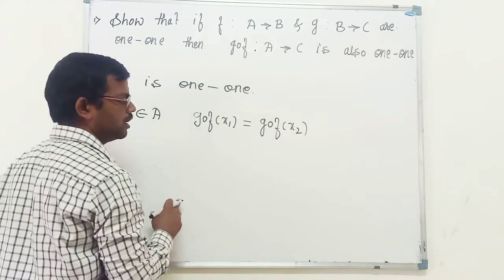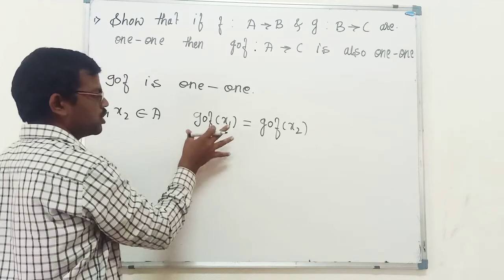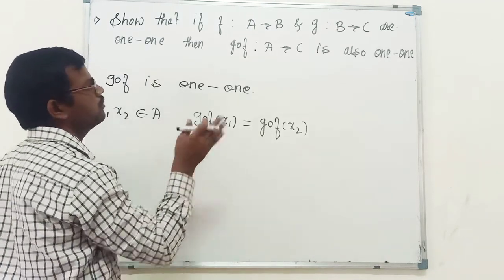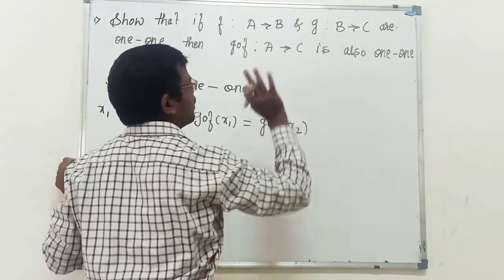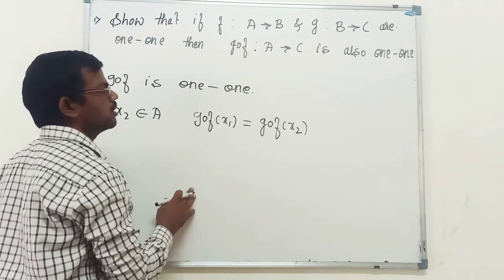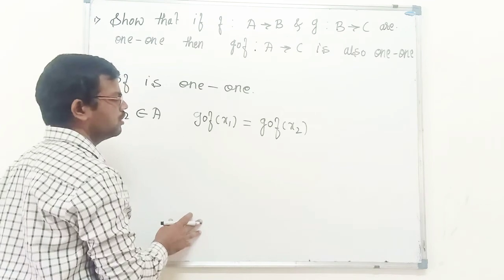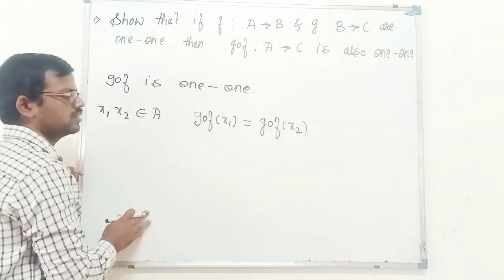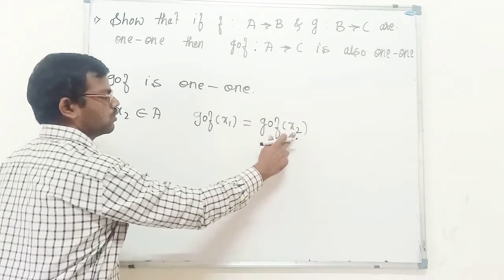Now our aim is to show that x1 equals x2. Already f and g are 1-1: if their images are equal, their elements are equal. Using those concepts, we have to show x1 equals x2.